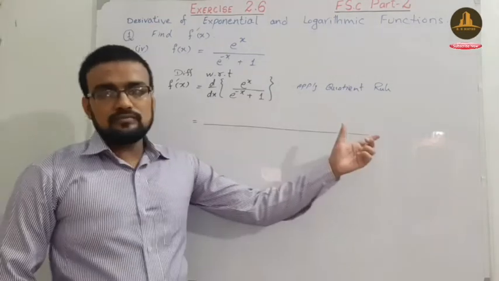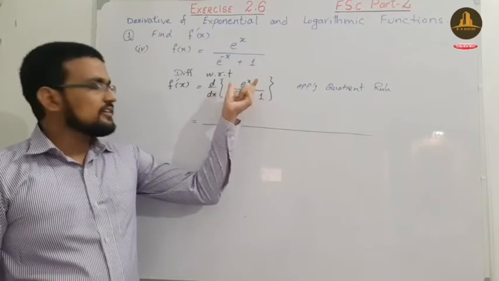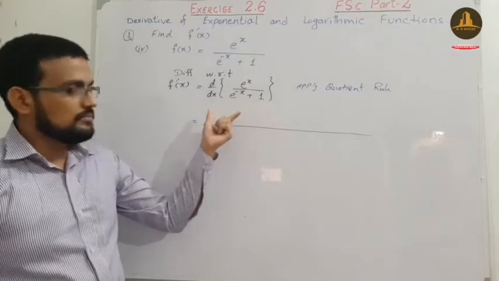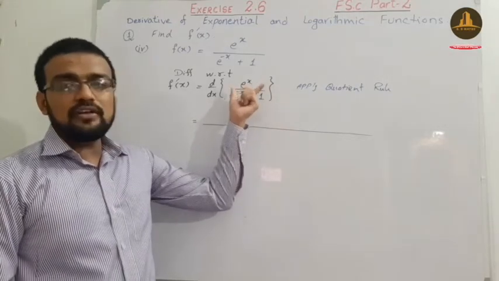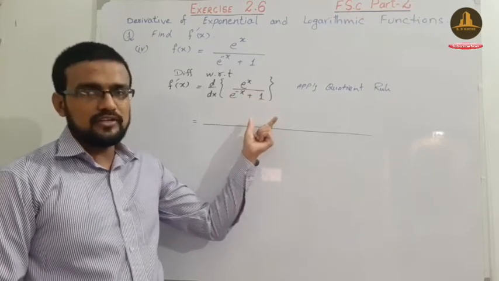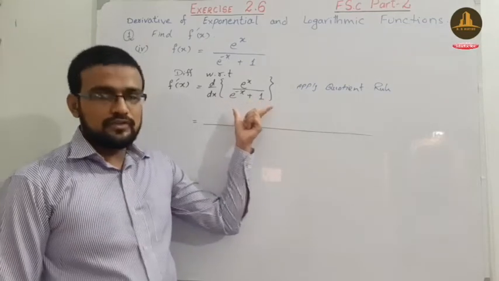According to quotient rule, first of all, the denominator remains the same and is multiplied by the derivative of the numerator, minus the numerator remains the same and multiplied by the derivative of the denominator, and then the whole is divided by the square of the denominator.